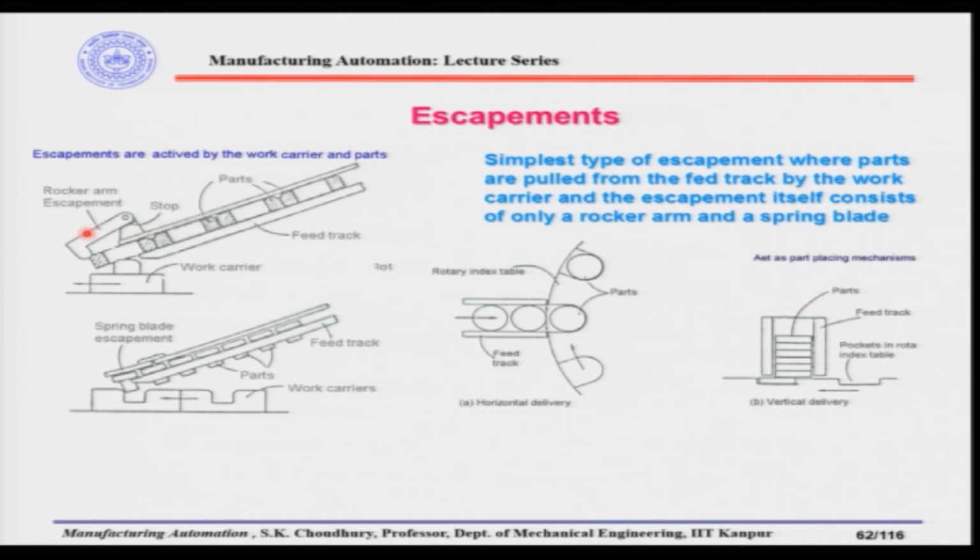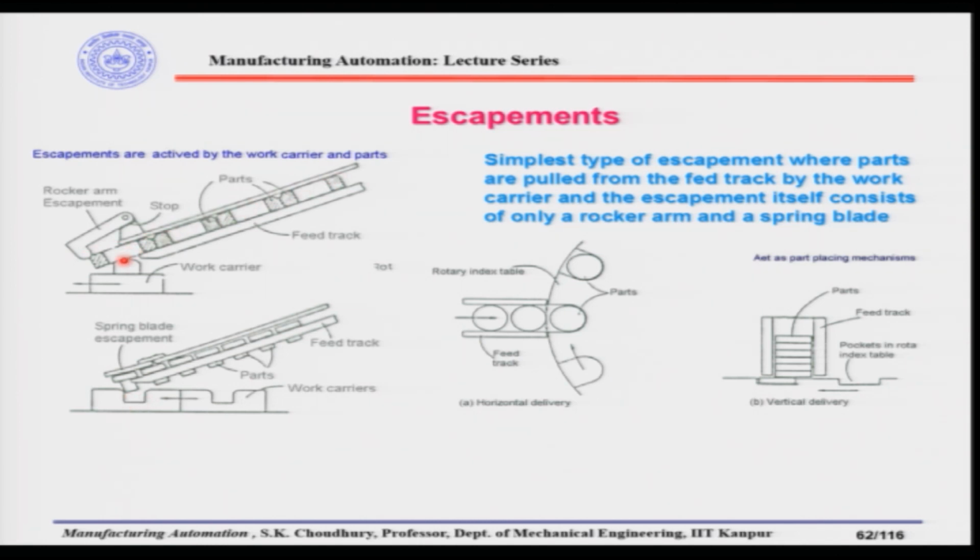Now, if we have a rocker arm escapement, or a spring blade escapement as shown in this diagram, these diagrams are self explanatory in the sense that the rocker arm escapement or the spring blade escapement are assisting the parts to come to the work carrier one by one. All of them will not be coming.